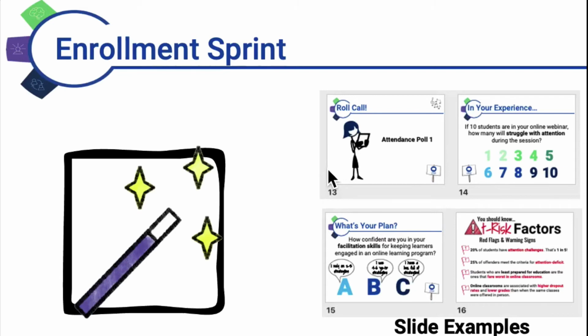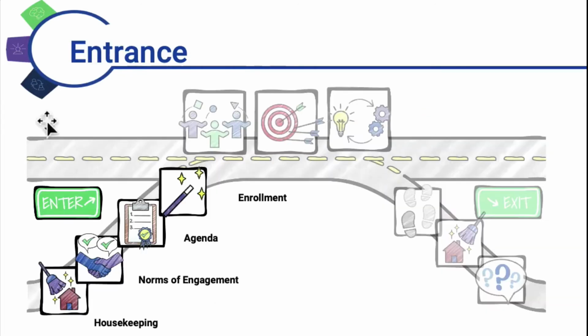It can be a very small activity. The point is that we ground learners in the context of whatever that learning session is. So for example, this particular slide examples are from a webinar that I'm doing on attention. And these questions are specifically asking those learners about attention. So that's enrollment.